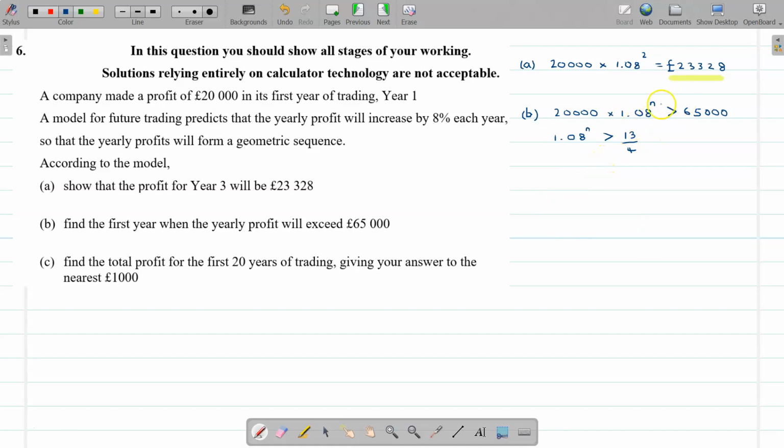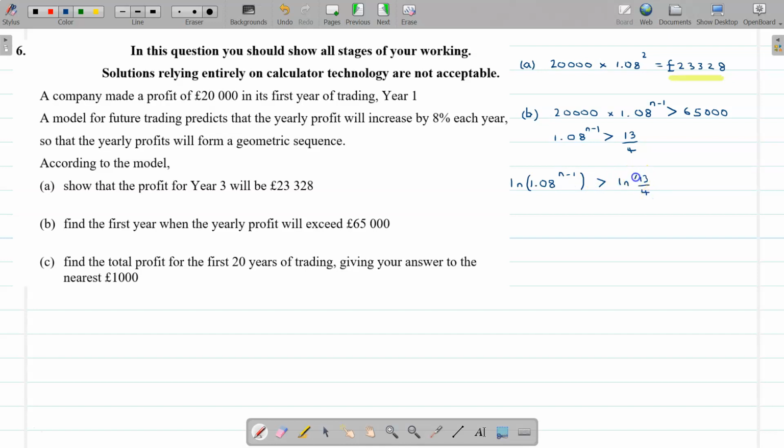Now what I'm actually going to do is use n minus 1 here, because the way it's worked, this was the end of the third year and we were using 2, so for n years we're better off using n minus 1 there, just to keep it consistent. So that's n minus 1, that power there. Okay, and then I can take logs of both sides. I can use logs in any base, but it's easier to use the natural log. So the natural log of 1.08 to the power of n minus 1 is greater than the natural log of 13 quarters.